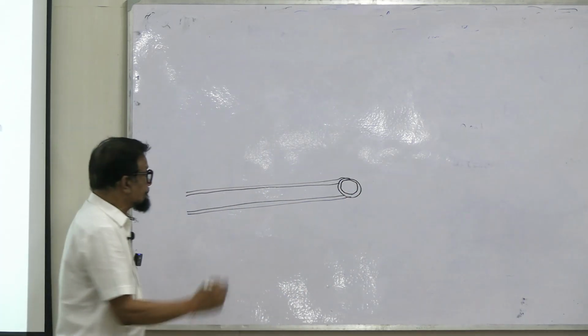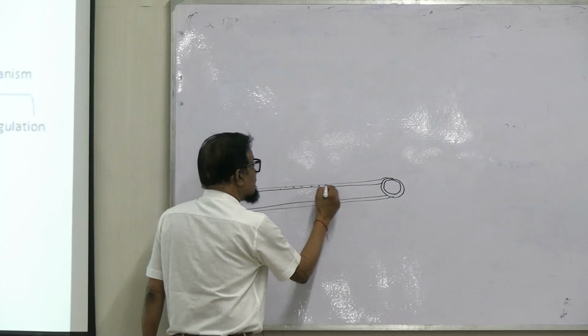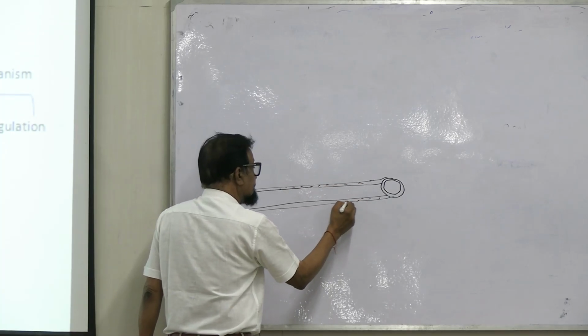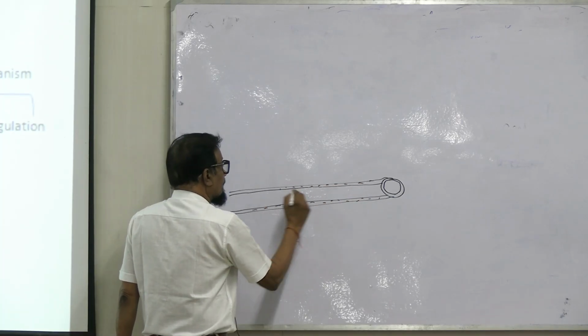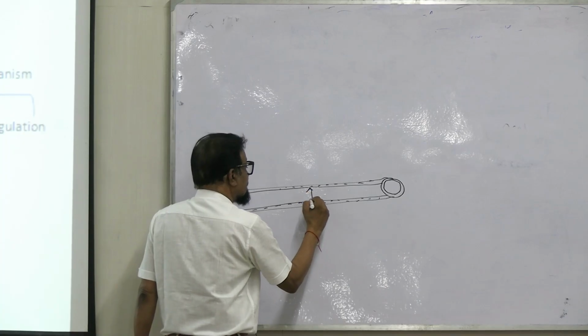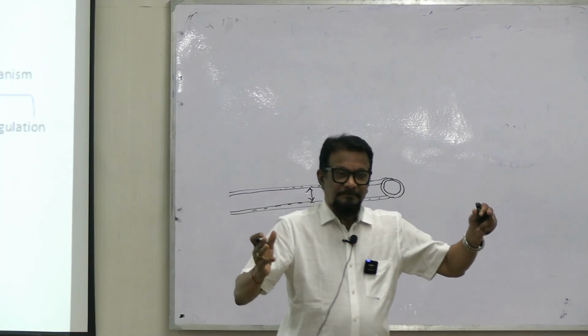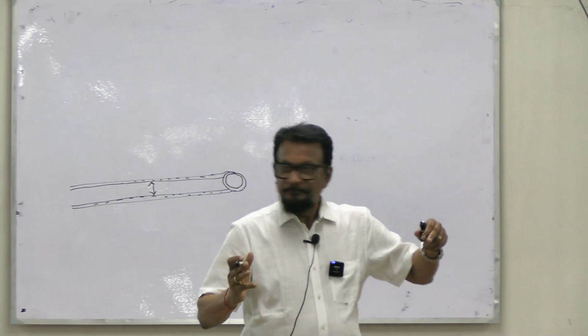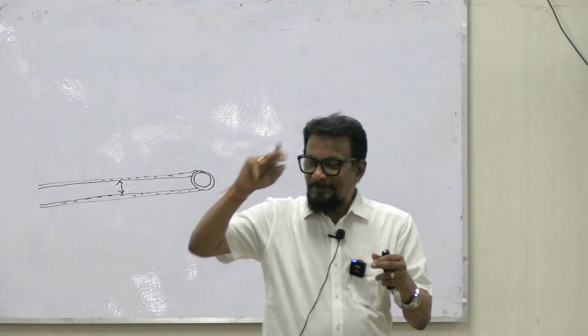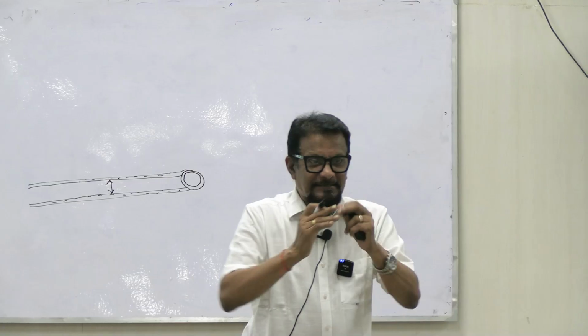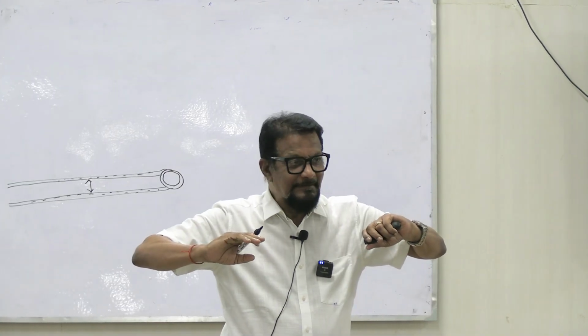Blood vessels. Here smooth muscles are there. Now blood pressure has increased. The wall will be dilated, and there will be stressing in the smooth muscles.